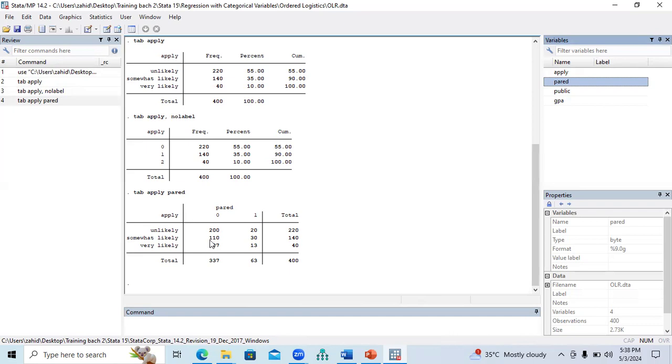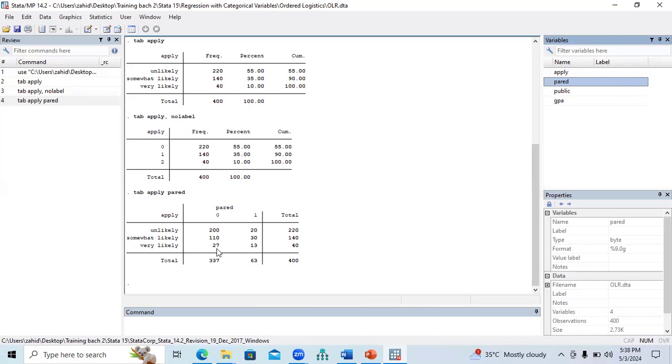Then there are 110 people who are somewhat likely to apply, but both of their parents do not have a graduate degree, but there are 30 people who are somewhat likely to apply, and at least one of their parents has a graduate degree.